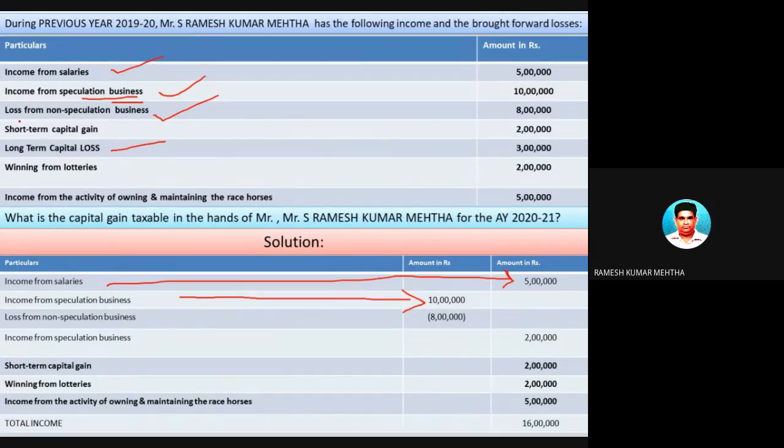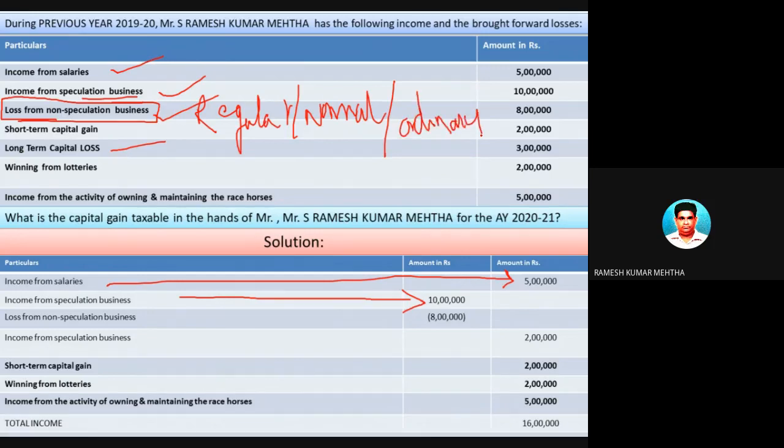However, he had sustained a loss of 8 lakh rupees from a non-speculative or regular or normal or ordinary business, which is not a speculative business. As per the rule, a non-speculative business loss can be set off against non-speculative business income as well as speculative business profits or income. So this 8 lakh rupees can be set off against this 10 lakh rupees, and income from speculation business after setting off 8 lakh rupees is 2 lakh rupees.